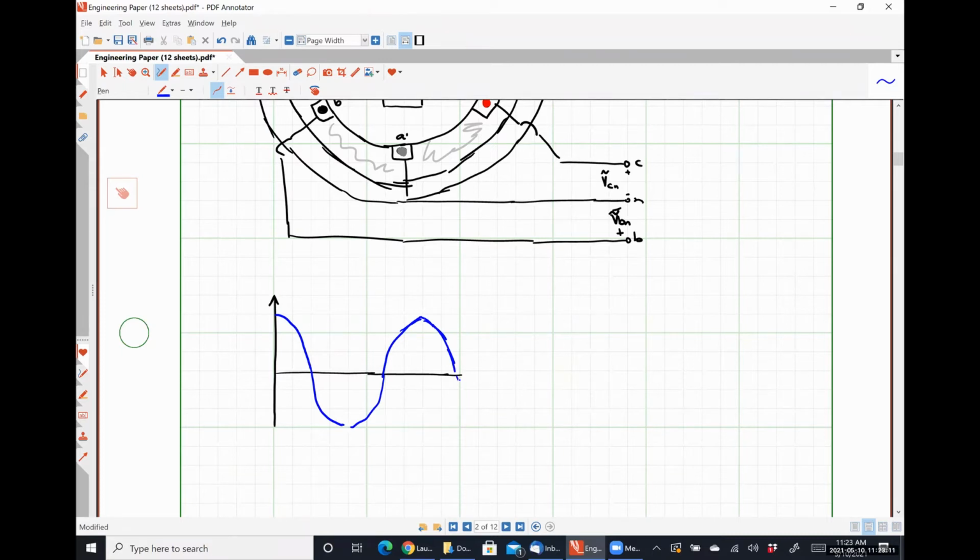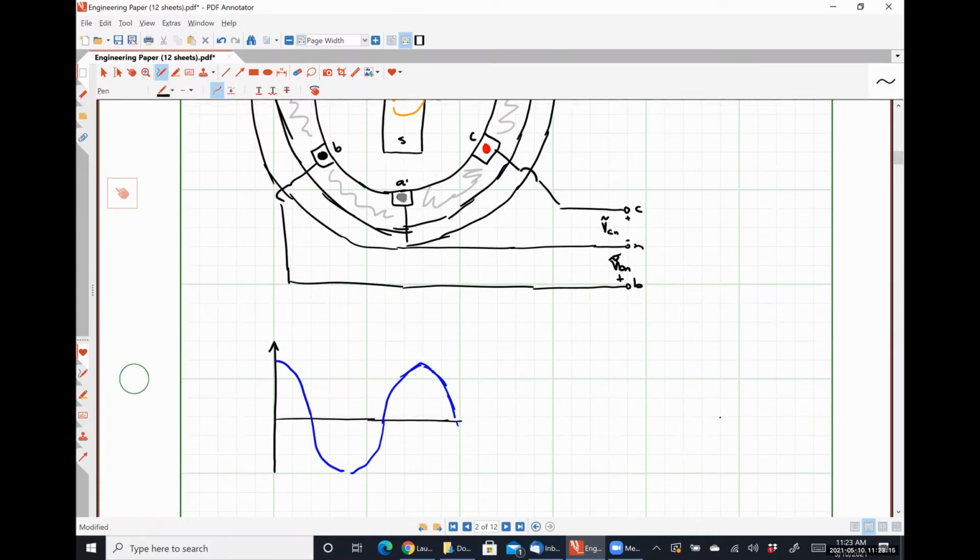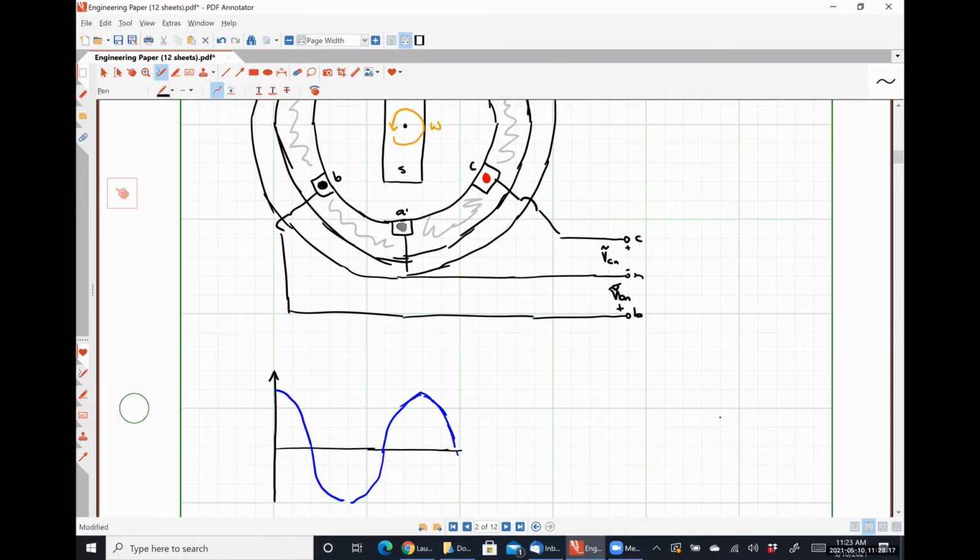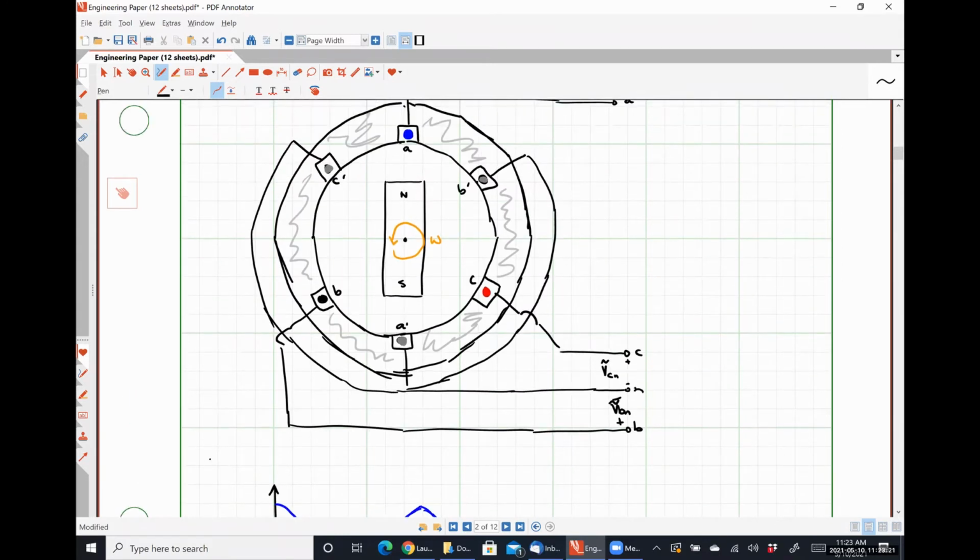All right. Because the B coil is physically located 120 degrees away from the A coil, we'll see that B should reach its peak a shift in phase of 120 degrees later, okay?